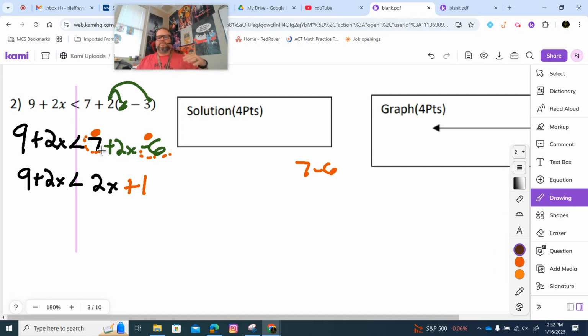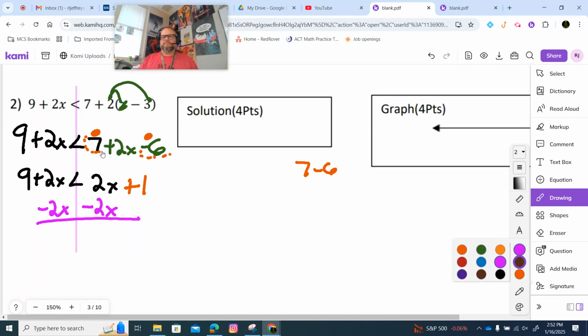All right. Variables on the left, so minus 2x, minus 2x. So I have 9 is less than 1, because the 2x is canceled. If I have it and then I take it away, I don't have it. All right.